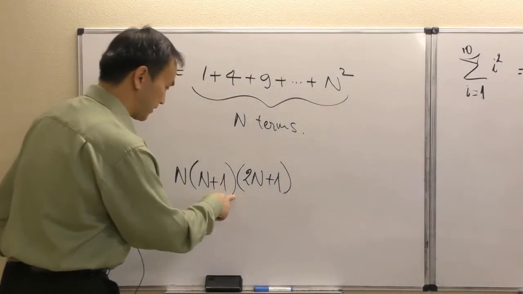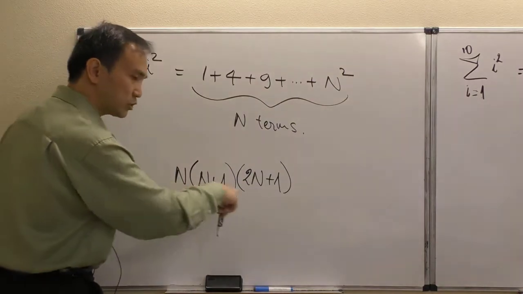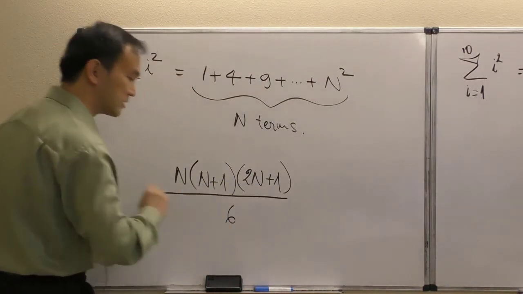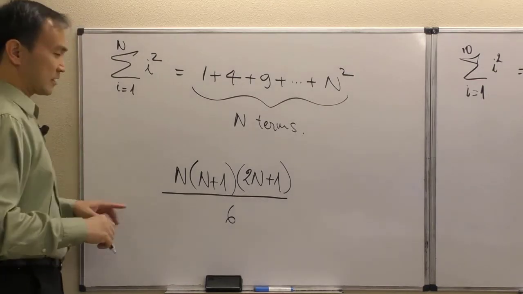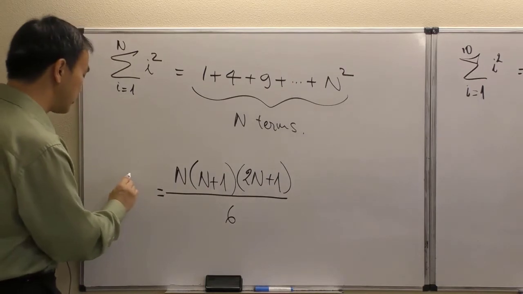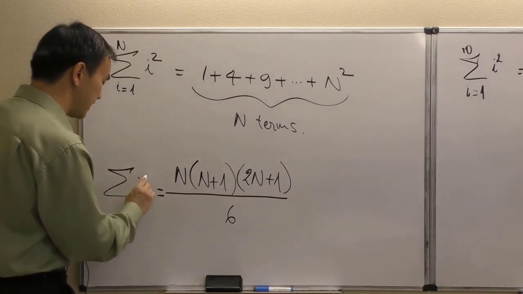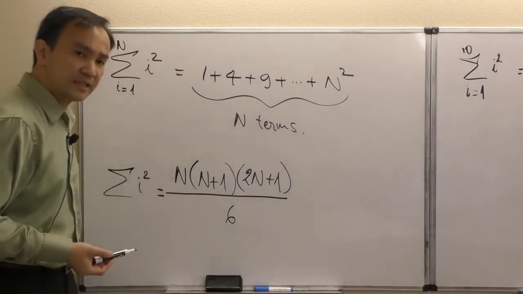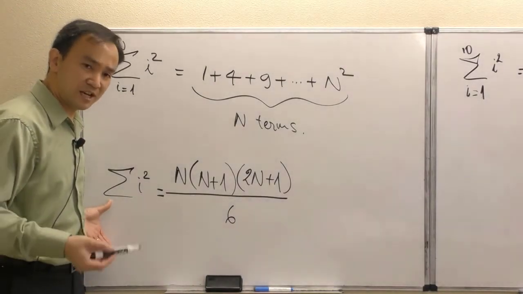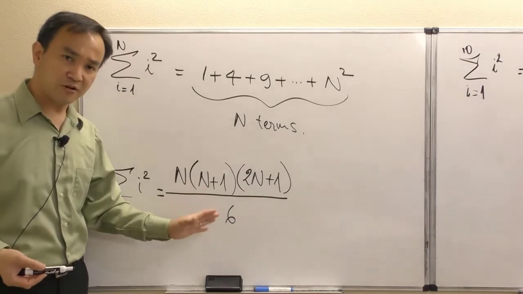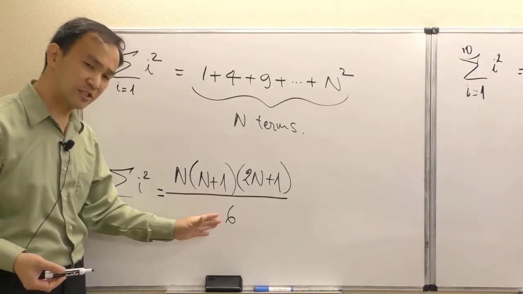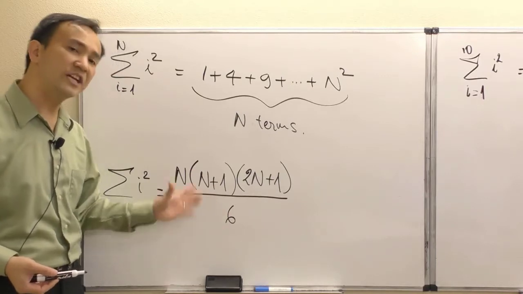And then, after the product of these three little factors together, the formula is divided by 6. At this point, I'm introducing these formulas without providing a proof, because these formulas are quite standard and a common understanding throughout many standard pre-calculus, algebra, or even calculus textbooks.